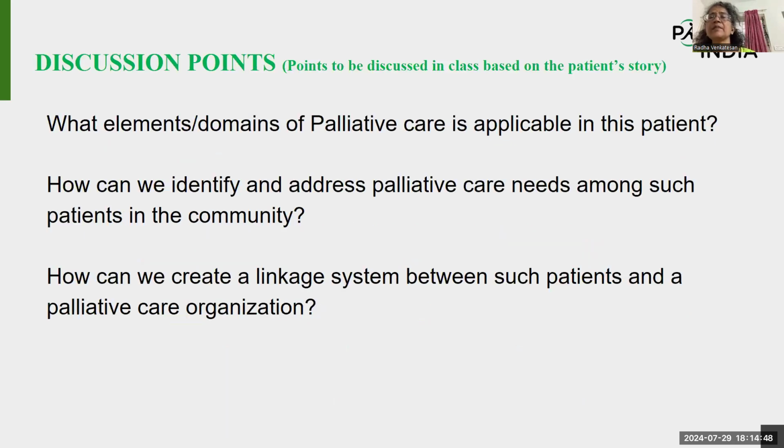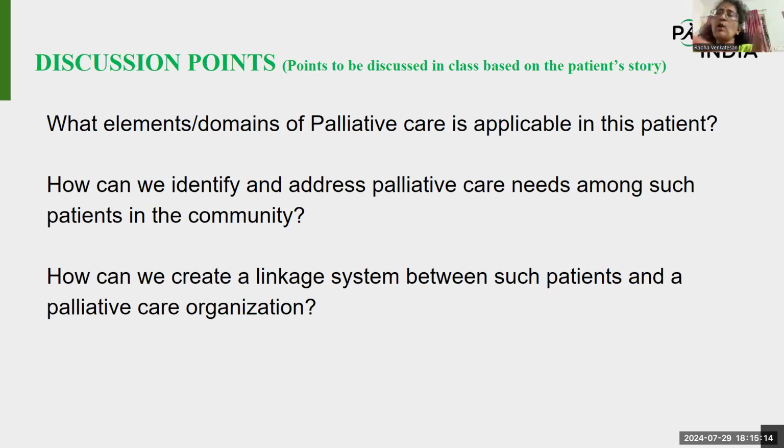Discussion points. What elements or domains of palliative care are applicable to this patient? How can we identify and address palliative care needs among patients in the community? How can we create a linkage between such patients and palliative care? With all the cases we have seen, I will read this once again so we can go step by step as we did for the previous cases.